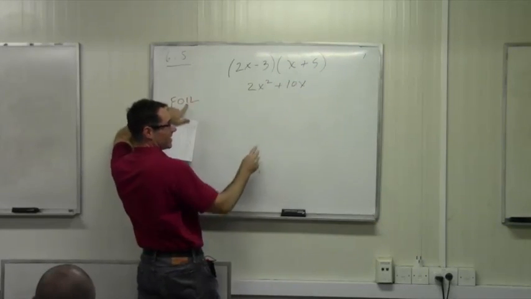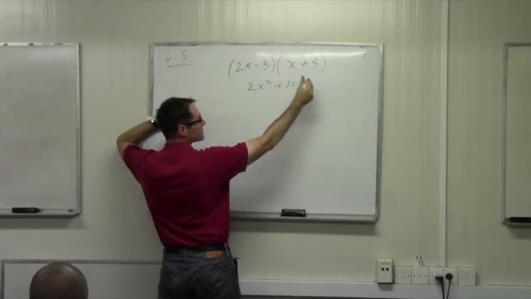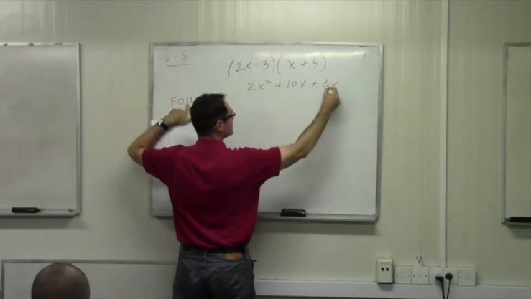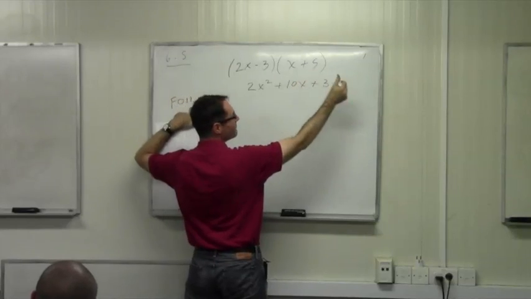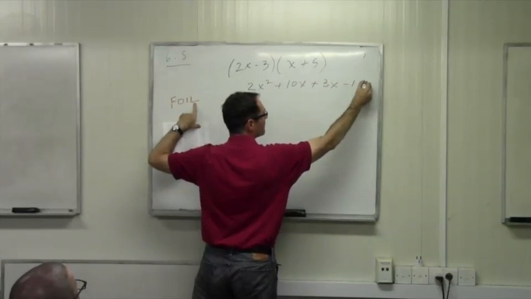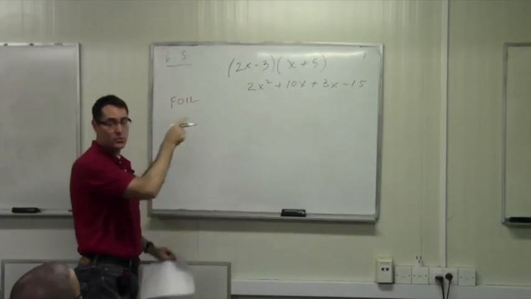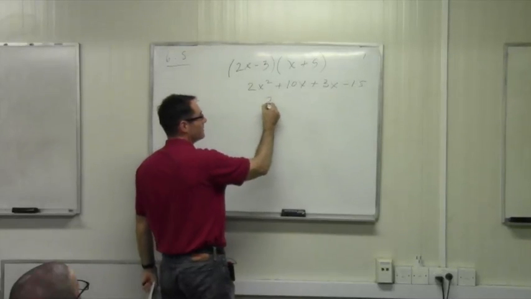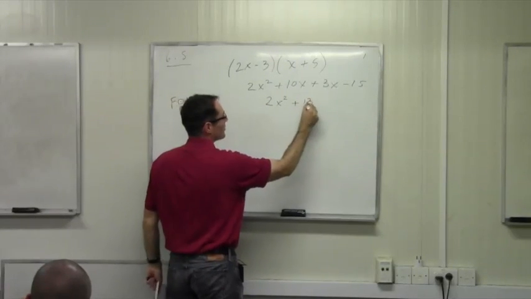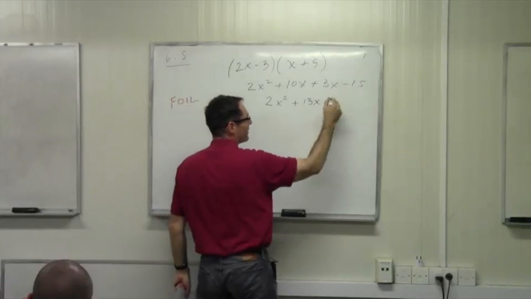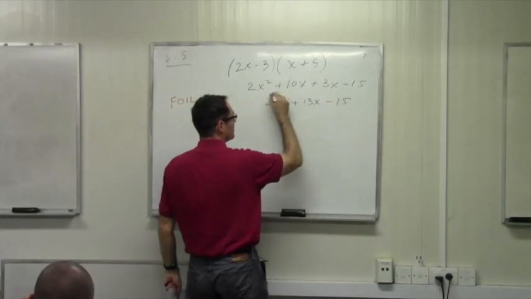The inside terms, 3 times x, give 3x. And the last terms, negative 3 and 5, give negative 15. We've got two like terms we can combine: the 10x and the 3x combine to be 13x. And the final one is negative 15.